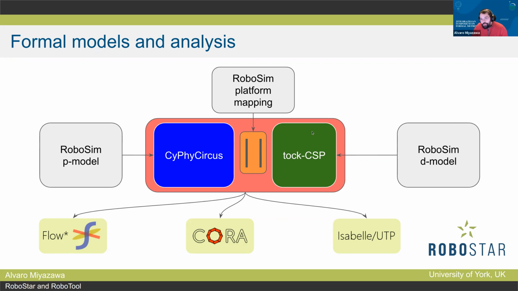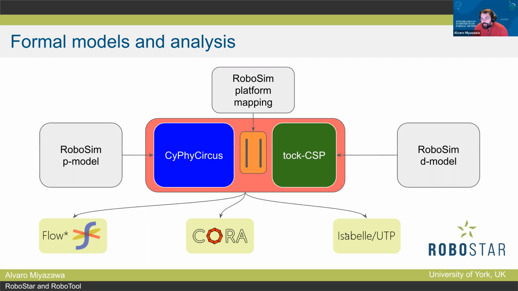These two are composed in parallel using information from the platform mapping to translate the information from one to the other. The composed model is then being fed into Isabelle/UTP to prove properties about the whole system.